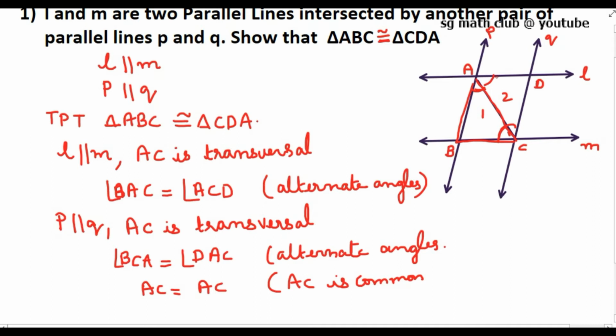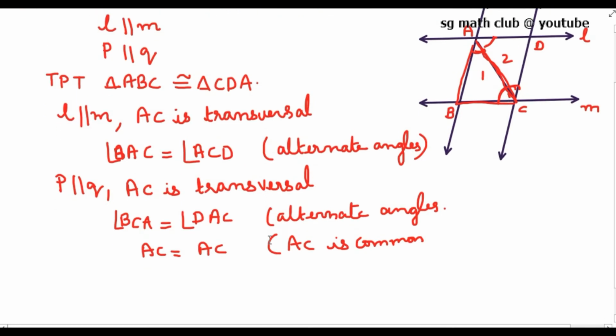These two triangles are congruent by ASA congruence rule. So I can write triangle ABC is congruent to triangle ACD by ASA, angle side angle congruence rule.